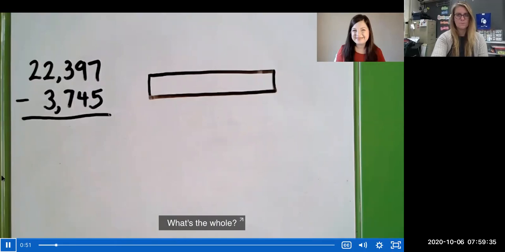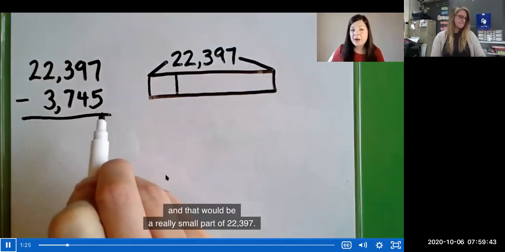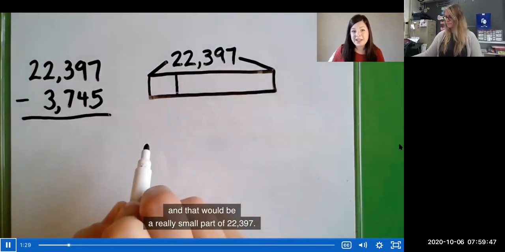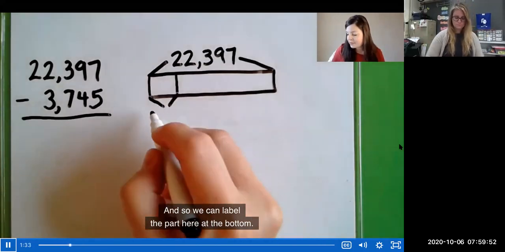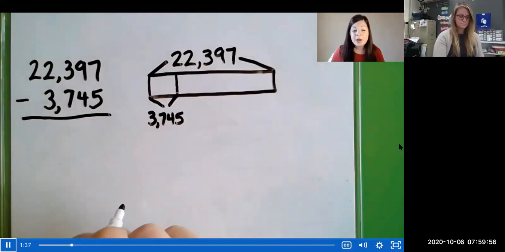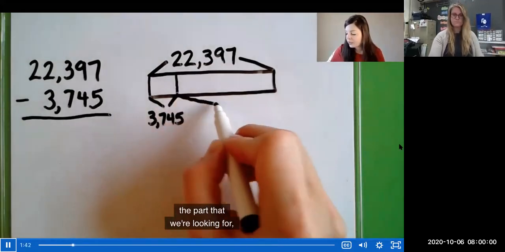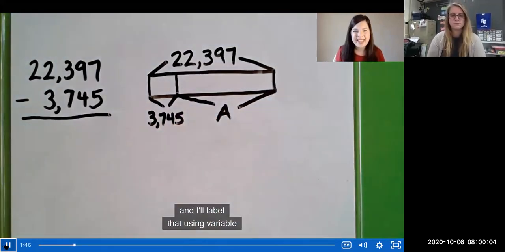If you said stop somewhere around here, great job. 3,745 is about 4,000, and that would be a really small part of 22,397. And so we can label the part here at the bottom. Now we still need to label the unknown, the part that we're looking for, and I'll label that using variable A.